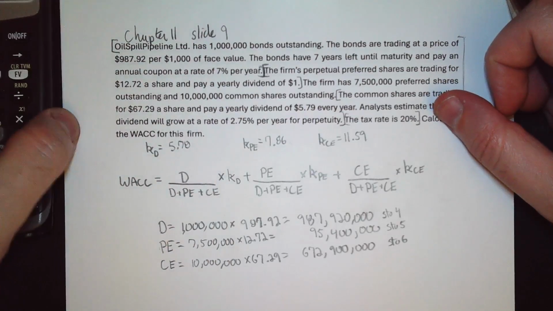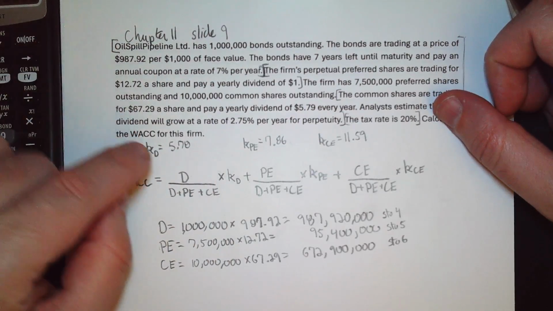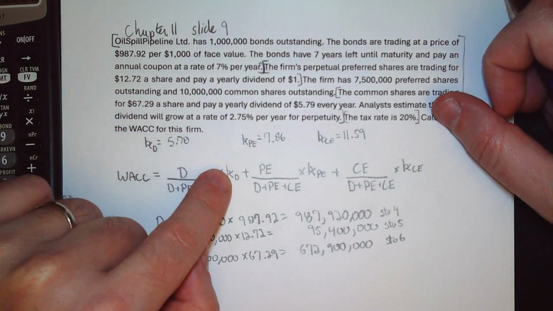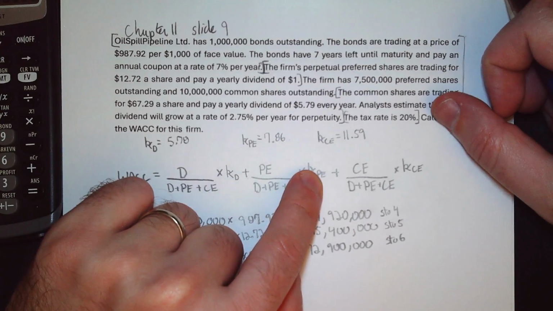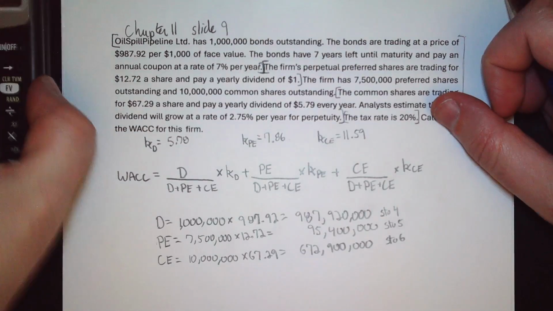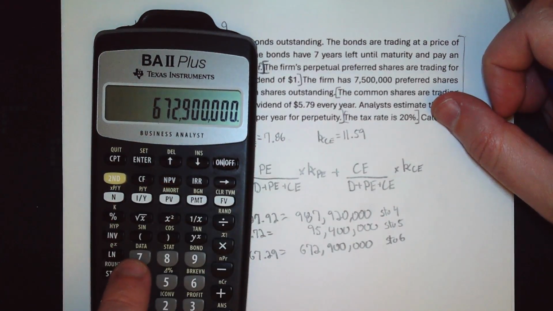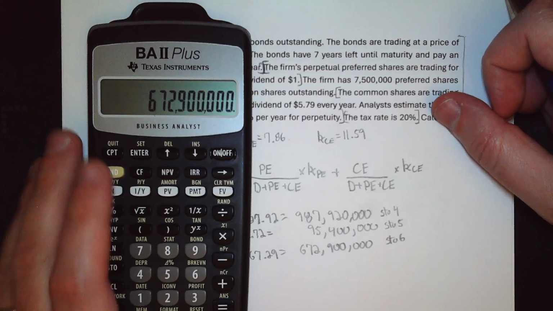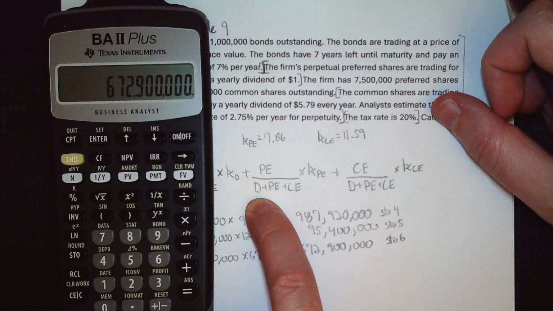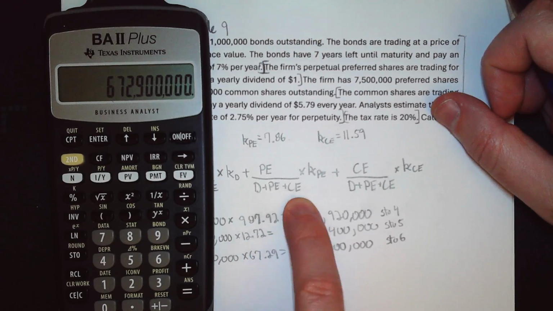Now notice, in my calculator, I need these numbers in the equation: KD, D, KPE, PE, KCE, CE. All these numbers are now stored under 789,456 in my calculator. There is one other number that I need many times that I don't want to calculate all the time. It's the market value of the firm, the sum of D plus PE plus CE.